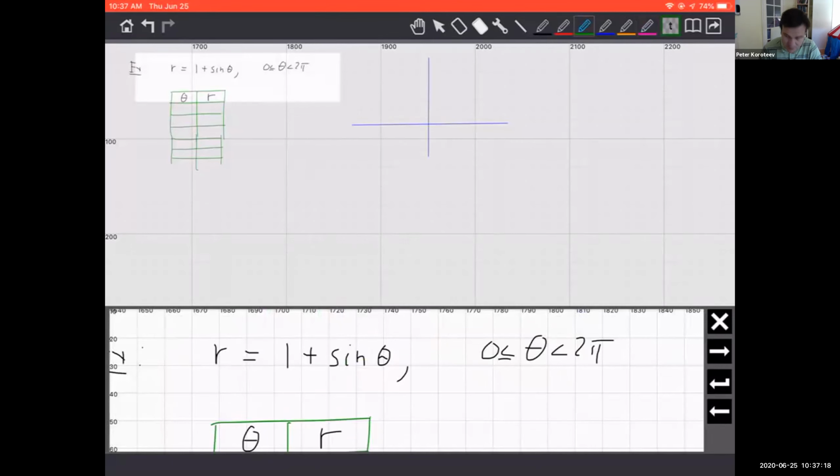Before we go, it's useful to recognize if this function has some symmetries. What kind of symmetries does the sine function have on its period?